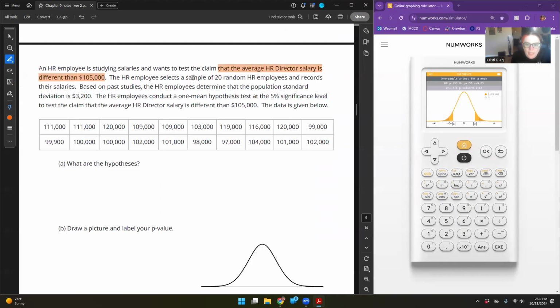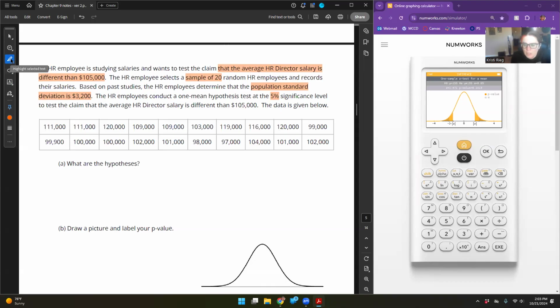The HR employee selects a sample of 20 random HR employees and reports their salaries. Based on past studies, the HR employees determined that the population standard deviation, which is our sigma, is $32,000. The HR director conducts a one mean hypothesis test. Okay, 5% significance level, so there's our alpha, and there's our claim again, and here is our data.